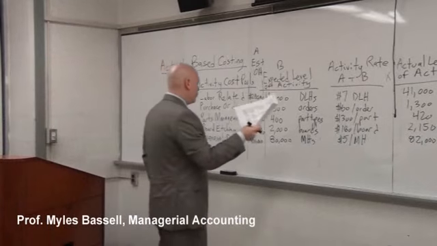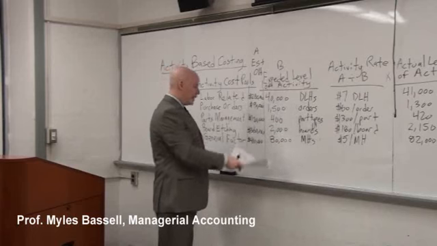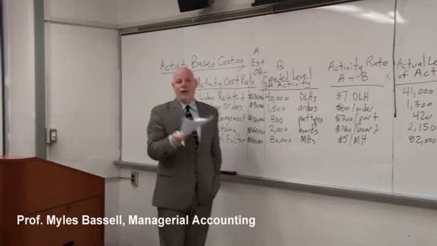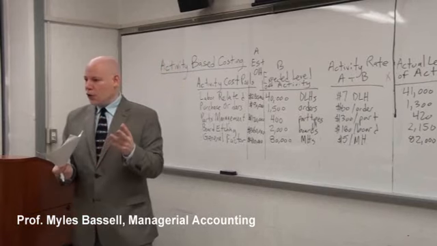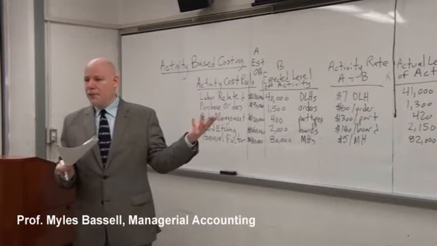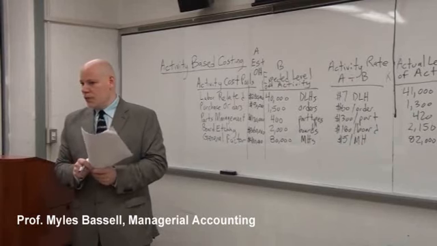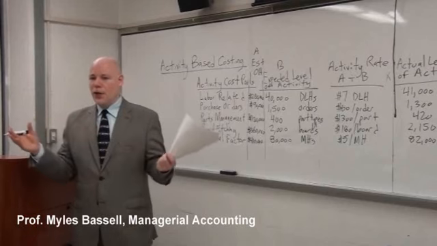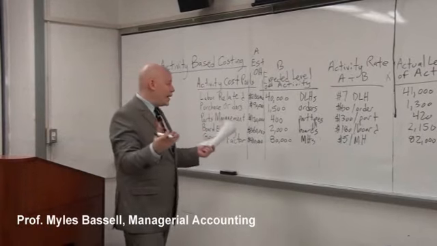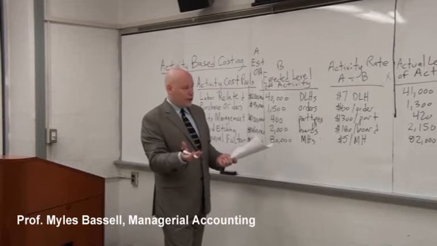So maybe everything is okay if we just stay at these levels of activity, but we're getting more orders, things are changing in the organization, and we're going to have to produce more product. We've got distribution at some retailers that we didn't have before, and then the question is, what is our overhead going to be? How is that going to change?